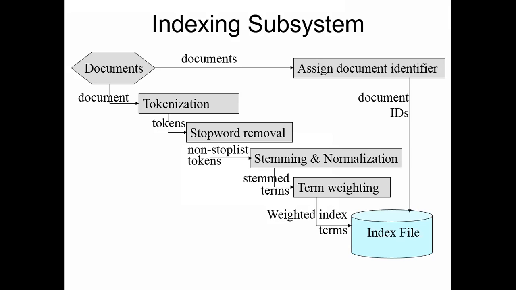Later on, based on term frequency, document frequency, and collection frequency, we will calculate inverse document frequency and TF-IDF, term frequency times inverse document frequency. We will see those things when we reach that point.